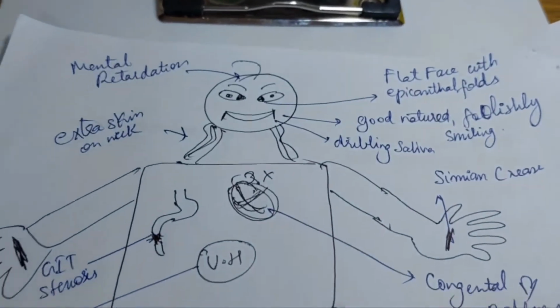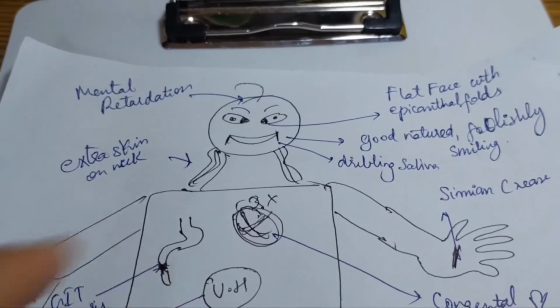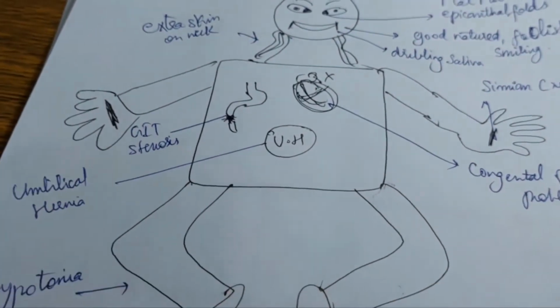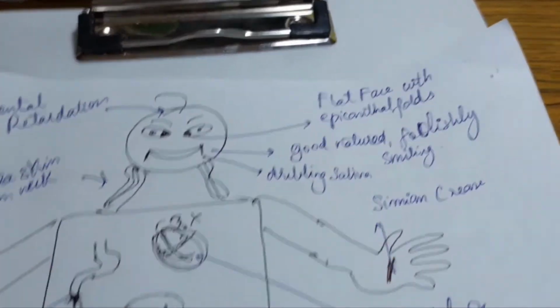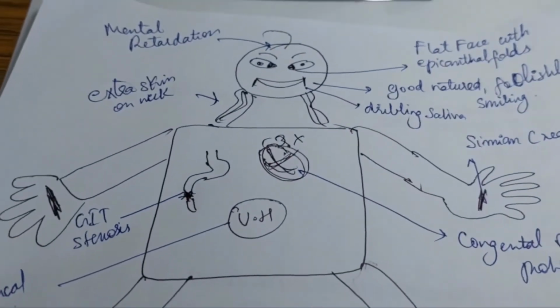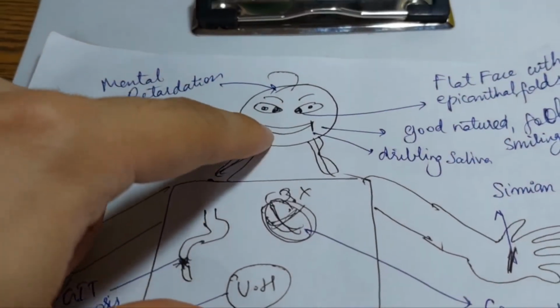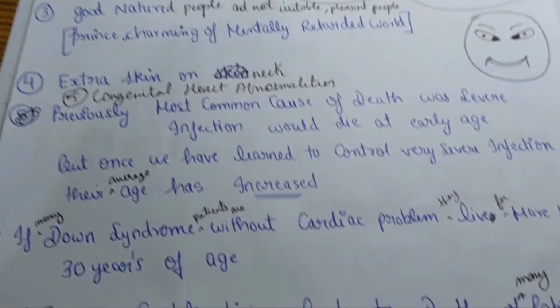They have congenital heart problems, umbilical hernia, GIT stenosis, and hypotonia, and we can see how their legs are relaxed, okay. They have a single horizontal hand crease, called the simian crease, and they have low IQ and dripping saliva. That can be seen here, the dripping saliva. This is a patient who suffers from Down syndrome.